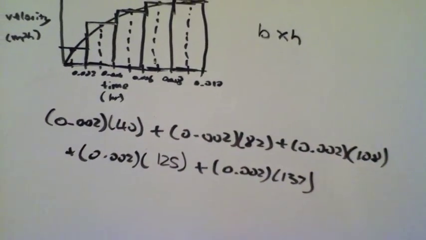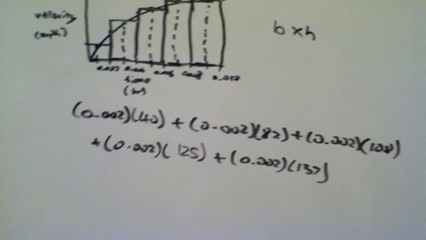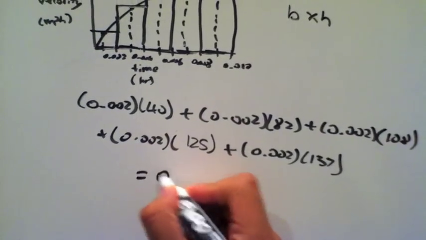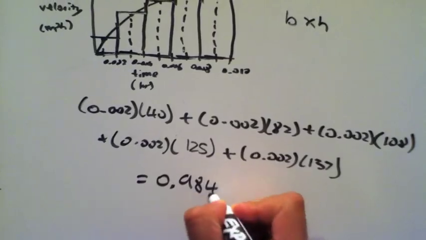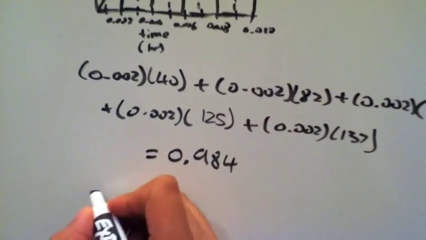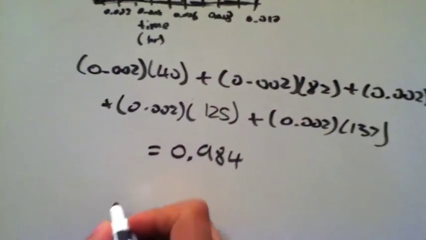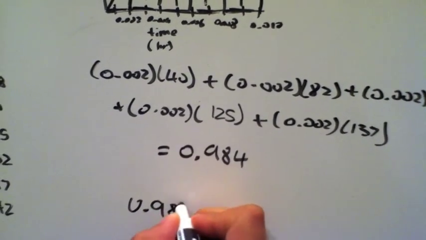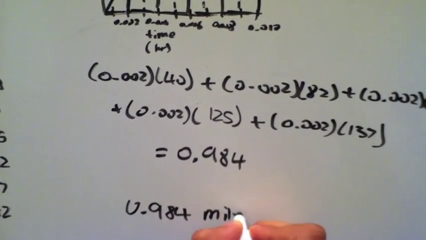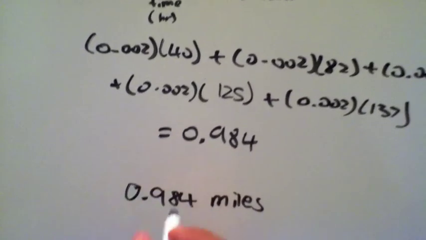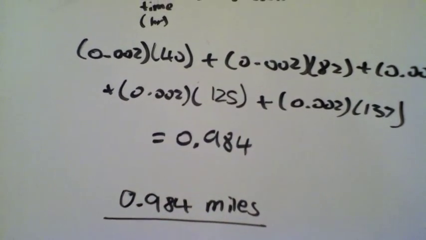So here we have it, our 5 subintervals, our 5 rectangular areas, and if we add all these together, we end up getting 0.984. So the answer to this problem will be that the car actually traveled 0.984 miles in that 36 second time period of acceleration.